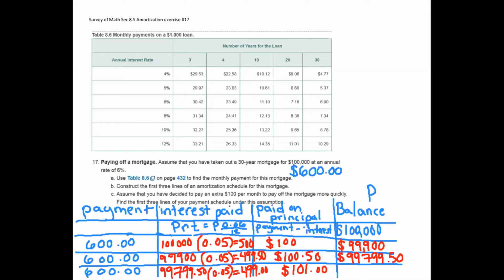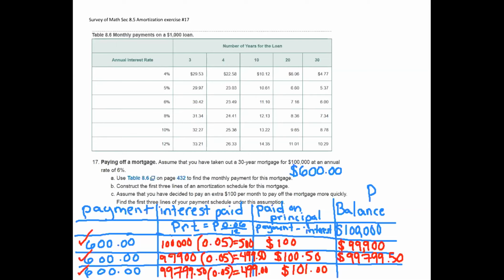So our payment stayed the same at $600. We paid $600 in month 1, $600 in month 2, $600 in month 3. The amount we are paying toward interest every month is going down. The amount we're paying toward principal every month is going up.